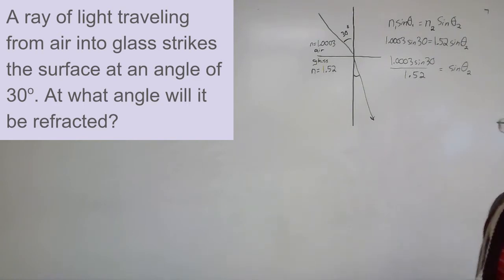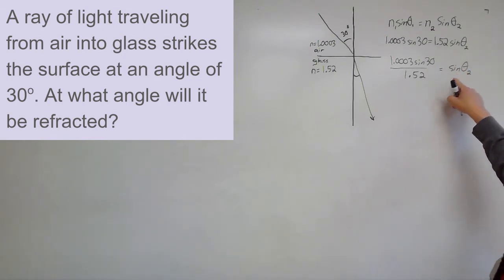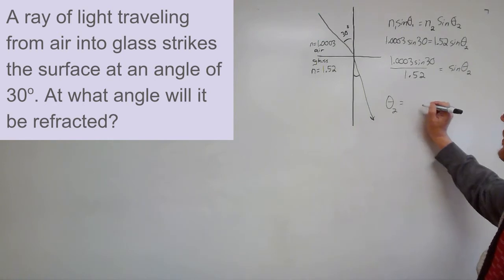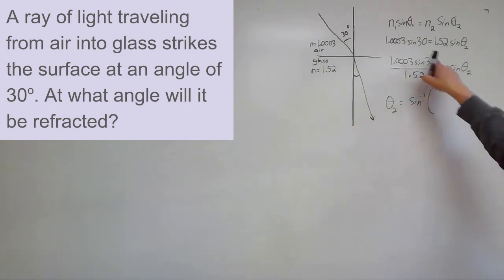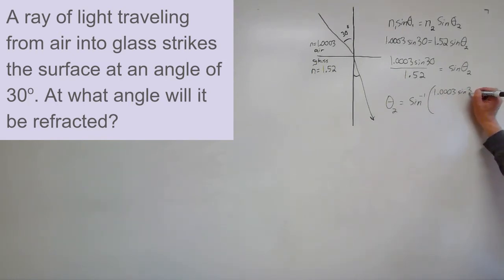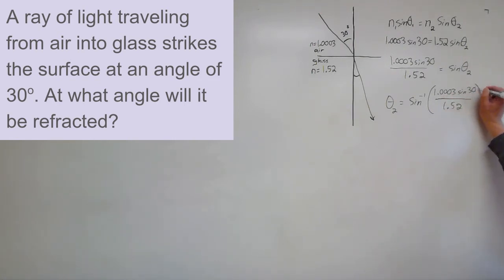And then if you remember your trigonometry, we want to get that theta all by itself. So to undo that sine, we'll have to do the sine inverse. When I have that theta 2 by itself, I'll end up doing the sine inverse of 1.0003 sine of 30 divided by 1.52.